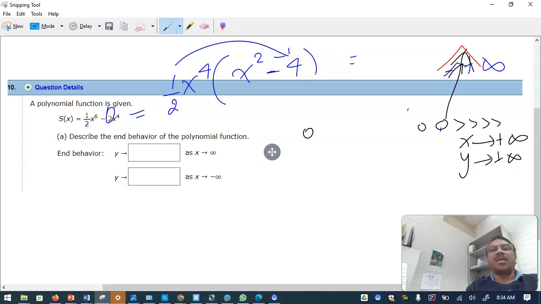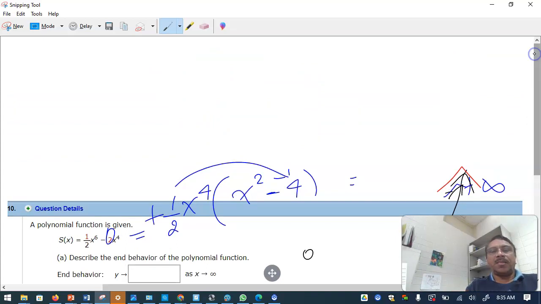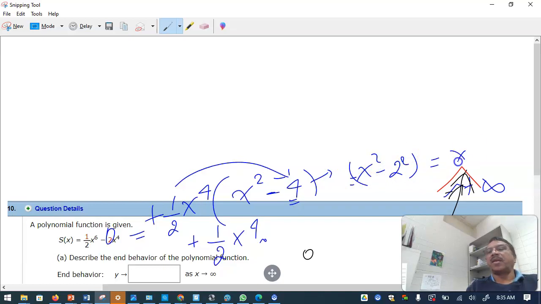Now what this means is it is positive. It is plus half x raised to 4 times (x squared minus 2 squared). Difference of squares gives x plus 2 and x minus 2, and then you have the 0. So this also has plus 2 and minus 2.